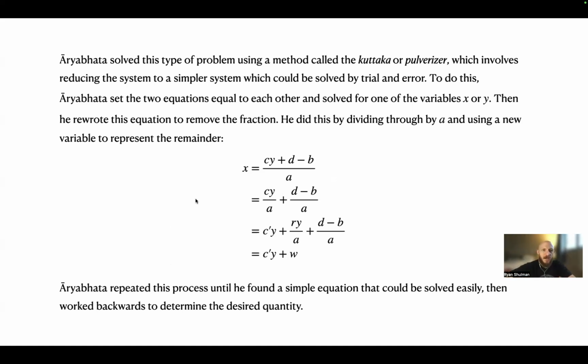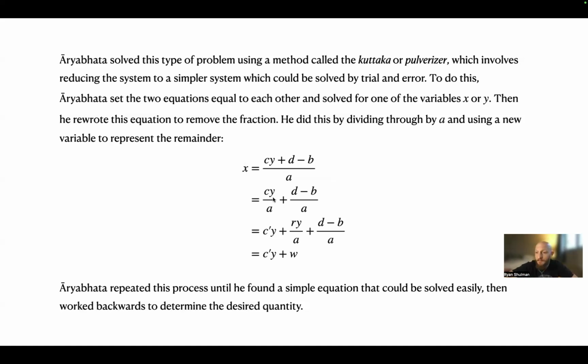So the way that this would look is if we went through and solved for x, say, so remember we're going from ax plus b equals cy plus d, and we're solving for x, so we subtract b from both sides, we divide by a, and x is equal to cy plus d minus b all over a.